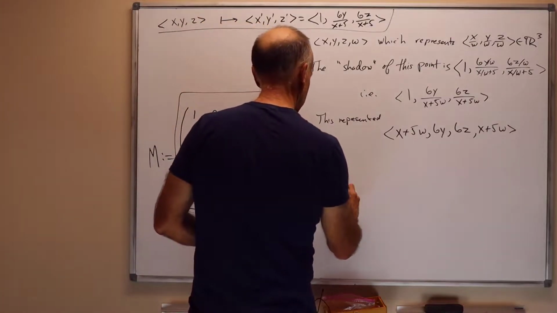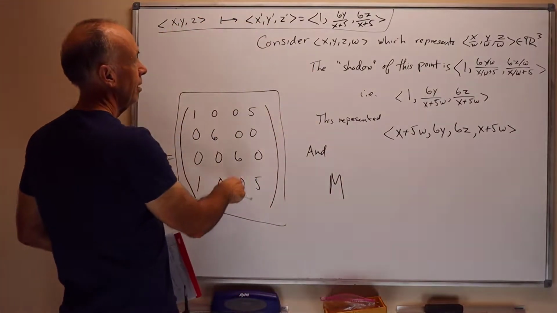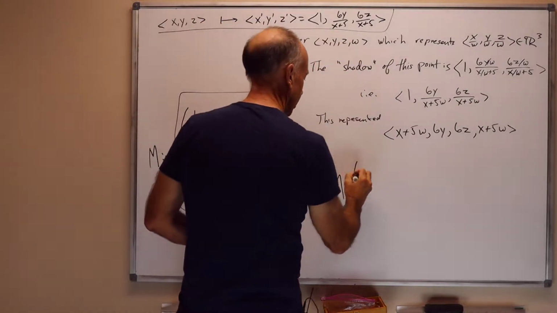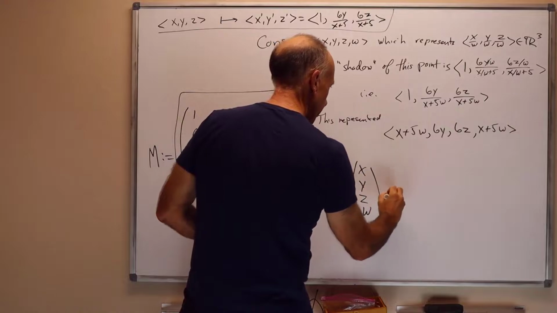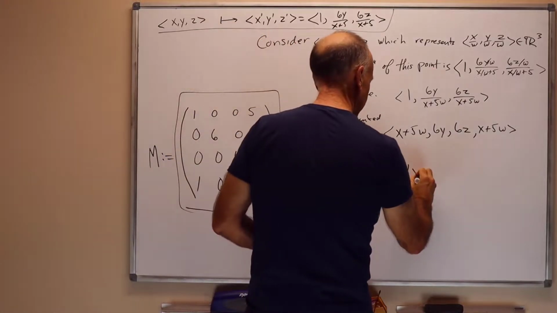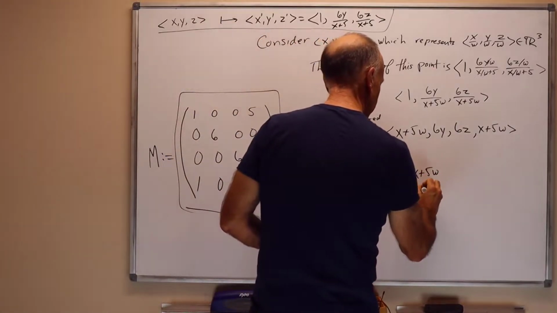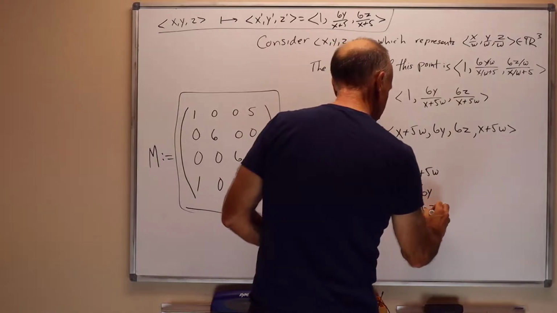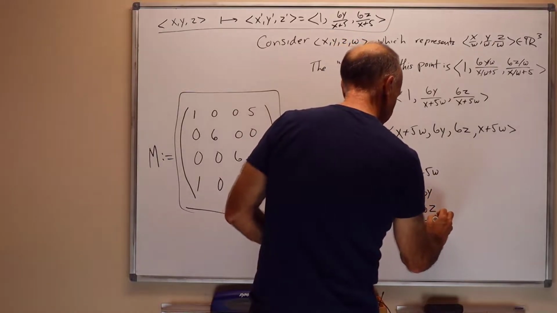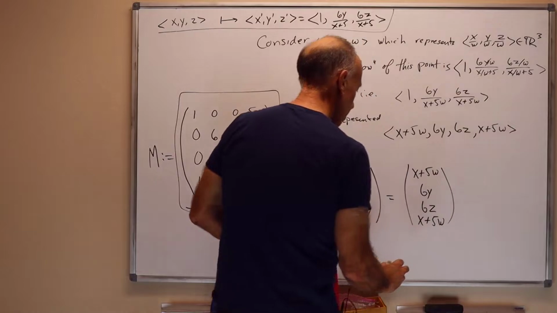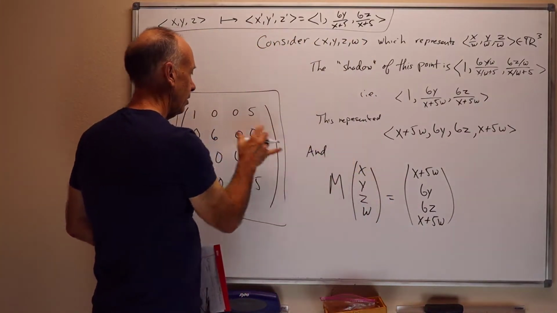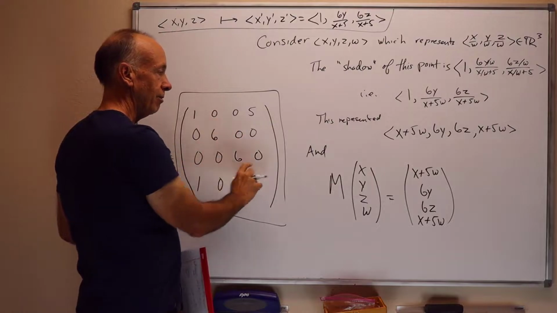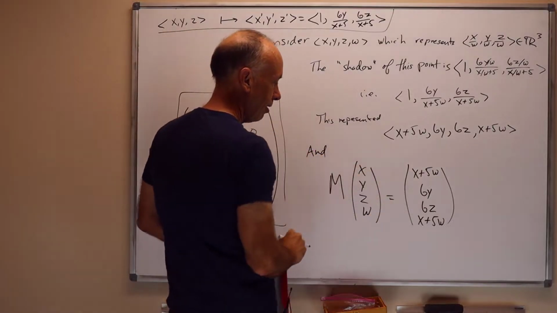Again, if we take that same matrix M and multiply it by x, y, z, w, that turns out to be equal to x plus 5w, 6y, 6z, x plus 5w, exactly as desired. To see this matrix product work, we just take the column inner product with each row, and we get the product there.